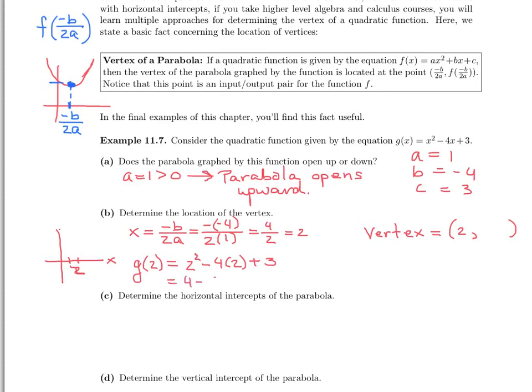So we have 4 minus 8 plus 3. That's a negative 4 plus 3, which is a negative 1. So that's the output. So that is the number that sits right here. So that is the location of the turning point, or the vertex.